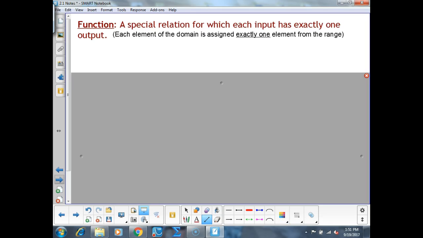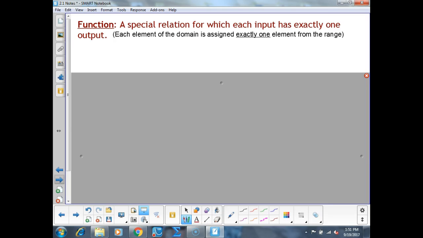One last concept: a true function. We've been bantering the word function around here for a while. A true function is a special relation for which each input has exactly one output. Each element of the domain is assigned exactly one element from the range.